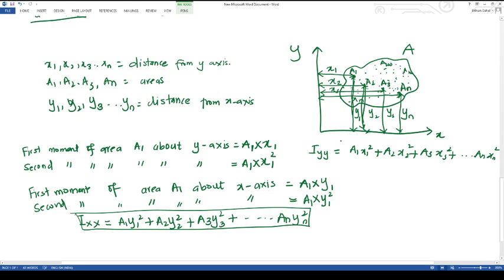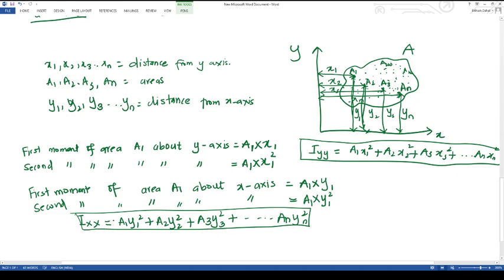So this is a generalized form for Iyy, and for Ixx we have, looking at both expressions, Iyy means moment of inertia about the y-axis, and Ixx means moment of inertia about the x-axis.